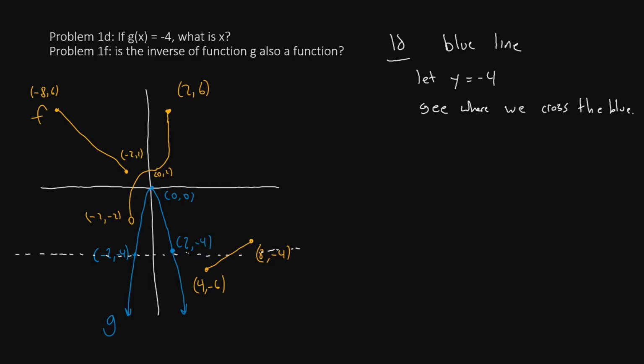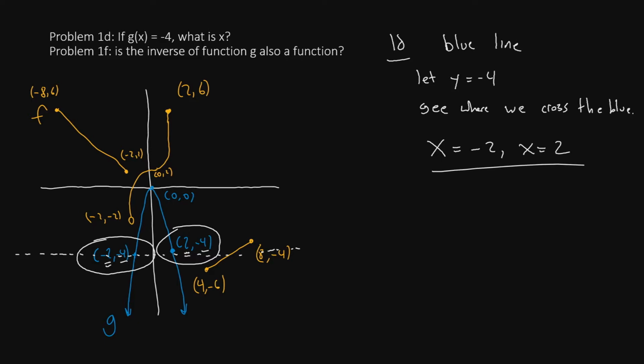I can see 2 positions where the y is equal to -4 on the blue line. Here on the left and here on the right. So we would return our x values as our answers. We have -2 and 2. Both of them match the criteria that y is -4. All we have to say is x equals -2 and x equals 2.